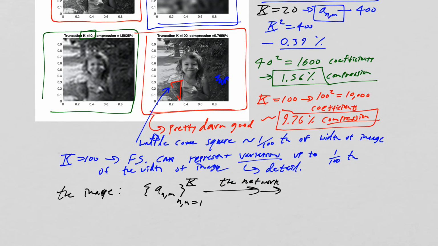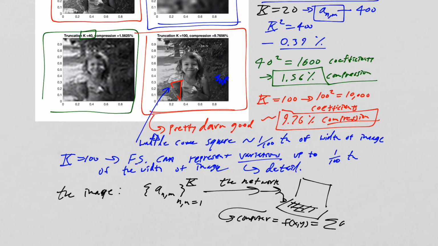And then when it gets to your computer, it builds the image by taking f of x comma y and doing that big summation.